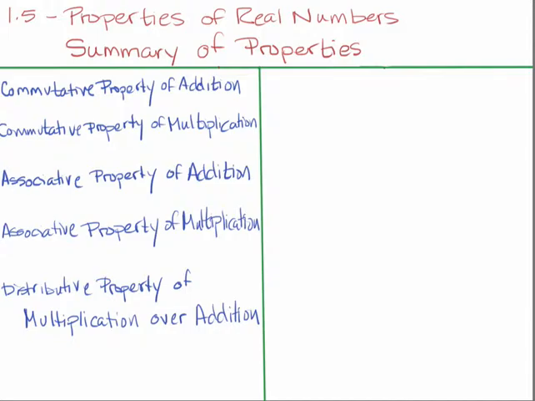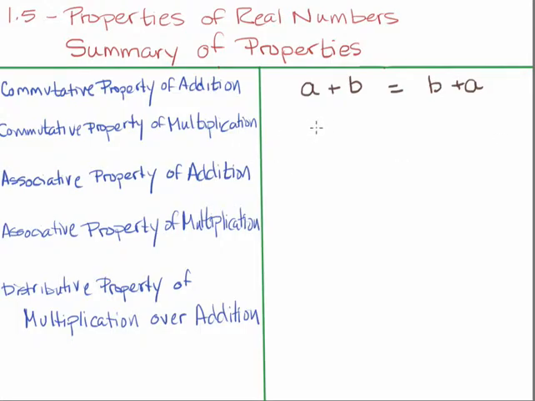In general, these properties look like this. The commutative property of addition says I can take a number A and add B to that, or I can take B and add A to that. A and B have to be the same two numbers, but they can be written in either order.